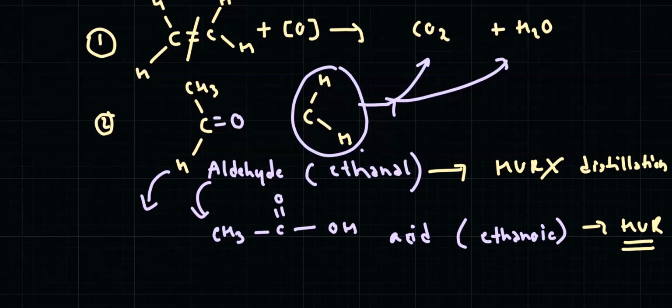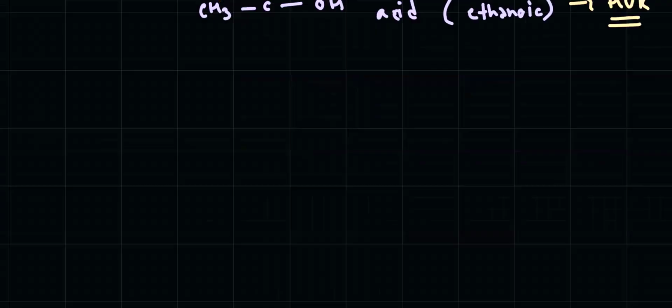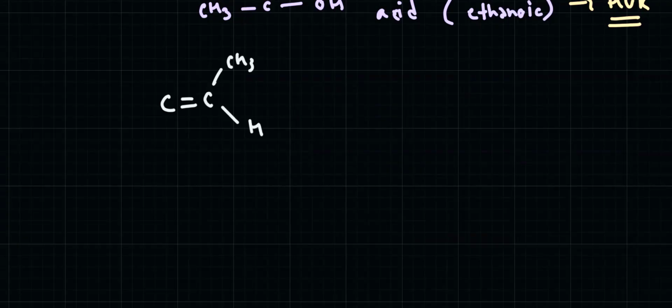Otherwise, it's not possible. Now let's look at another, more complicated scenario. What if you had a double bond, and on one corner you had CH3 and H, and on the other corner you had CH3 and C2H5? And you decided to add your oxidizing agent, KMnO4, hot, acidified, concentrated.